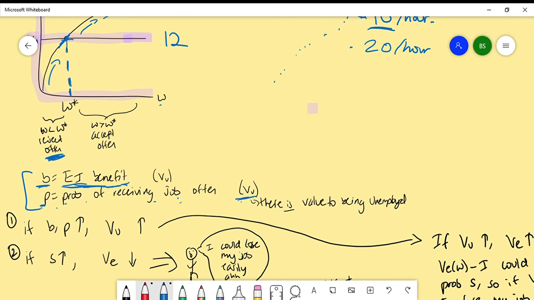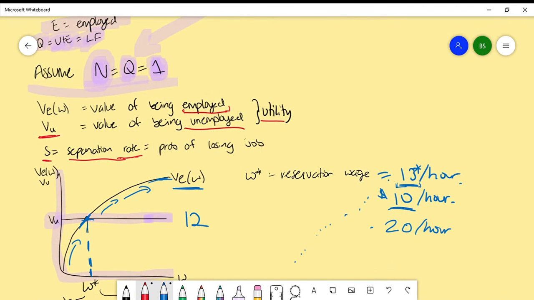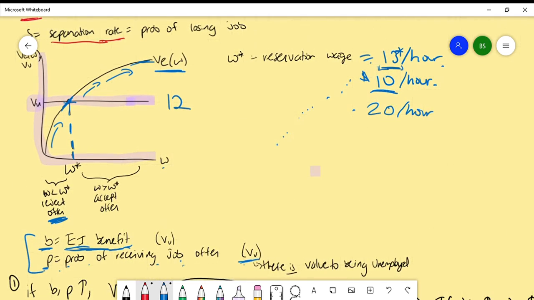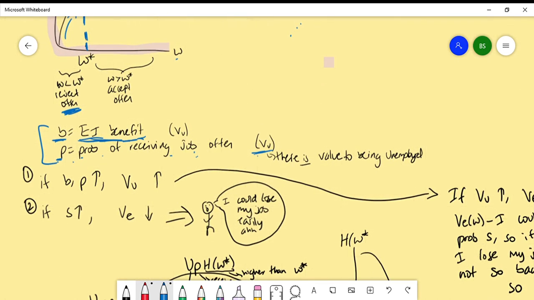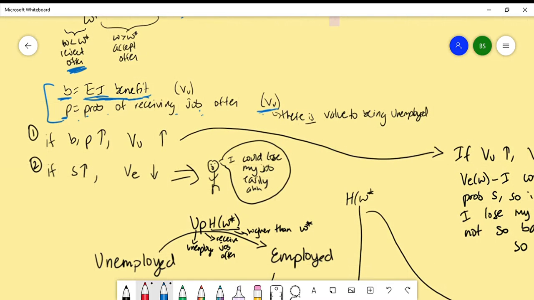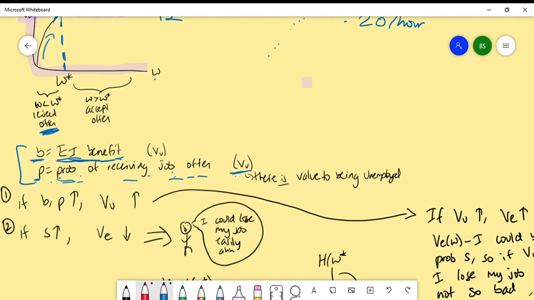In our design, we've made it so that N equals Q, which means that everybody that could work is in the labor force. But for these two, you have to imagine the possibility of not being in the labor force.